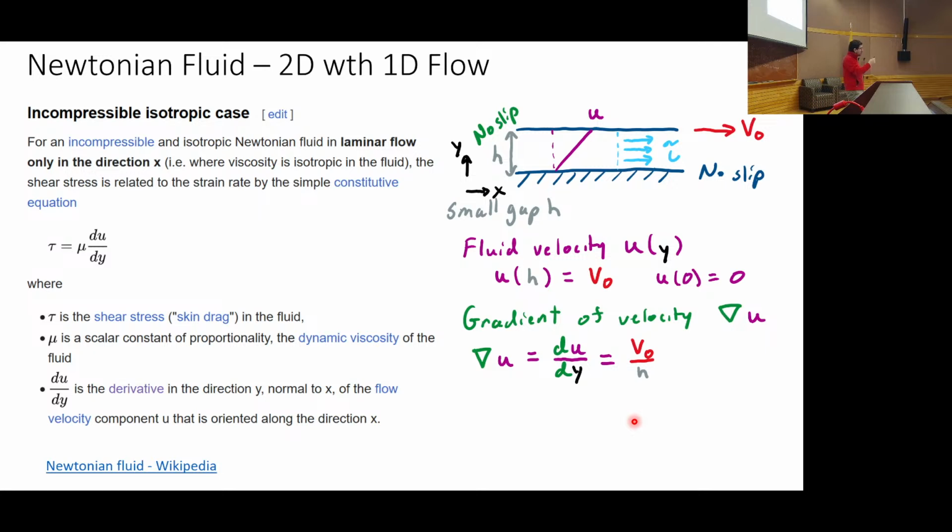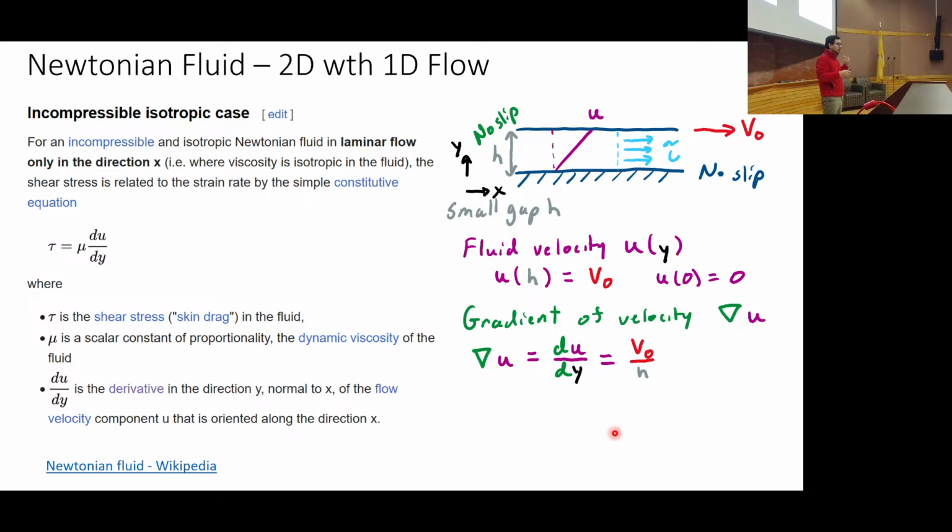I could have a normal force, or components of normal and shear on surfaces, and try to figure out what's contributing to drag and what's contributing to lift. So at its heart, this simple problem helps us understand what we're doing in certain types of fluid structure interactions in simulation.